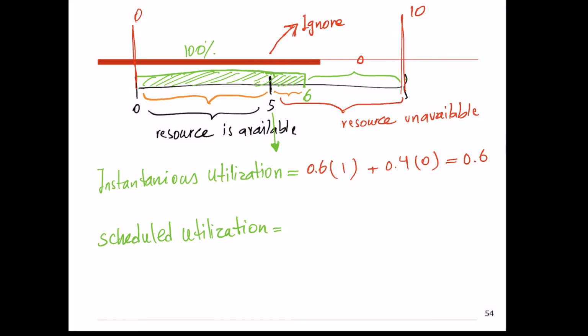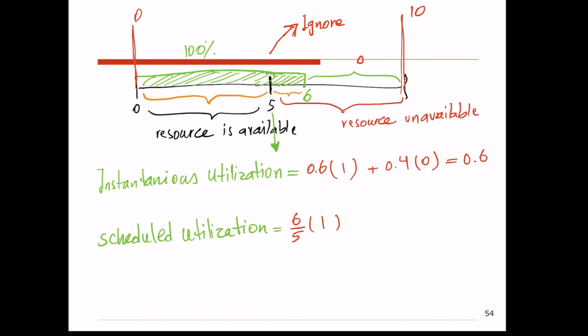The utilization is 100% for 6 hours, although the resource was scheduled to work only 5 hours. So in this scenario, that 100% utilization, or utilization of 1, is going to be multiplied by 6 out of 5.